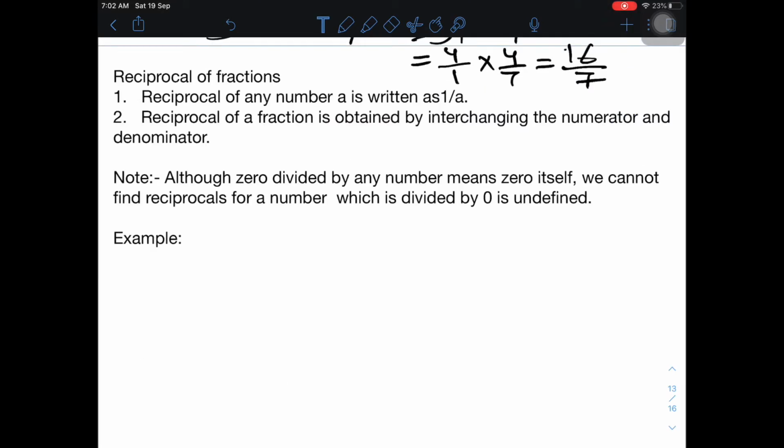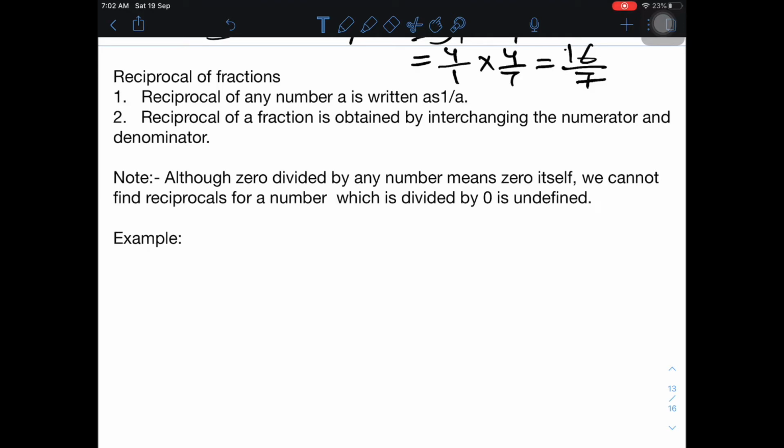Okay students, next topic is reciprocal of fractions. Always remember that reciprocal of any number is written as 1 by a. The reciprocal of a fraction is obtained by interchanging the numerator and denominator.